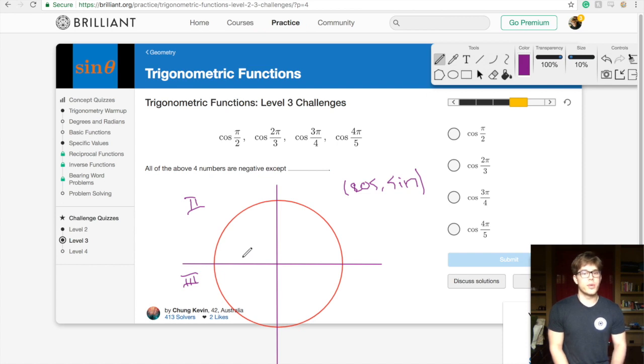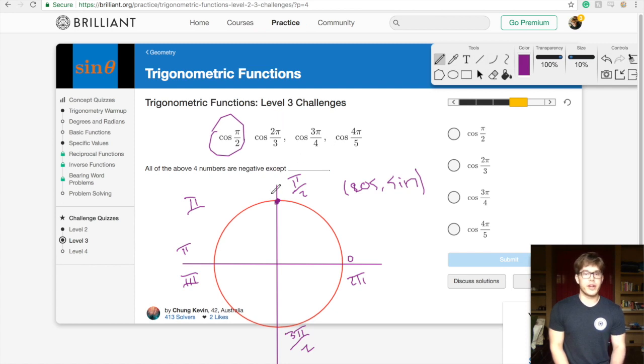And these are all written in radians, right? So this is 0, and then it's pi over 2, then it's pi, then this is 3 pi over 2, and then 2 pi, right? So cosine of 2 pi is 0, so it's not negative.